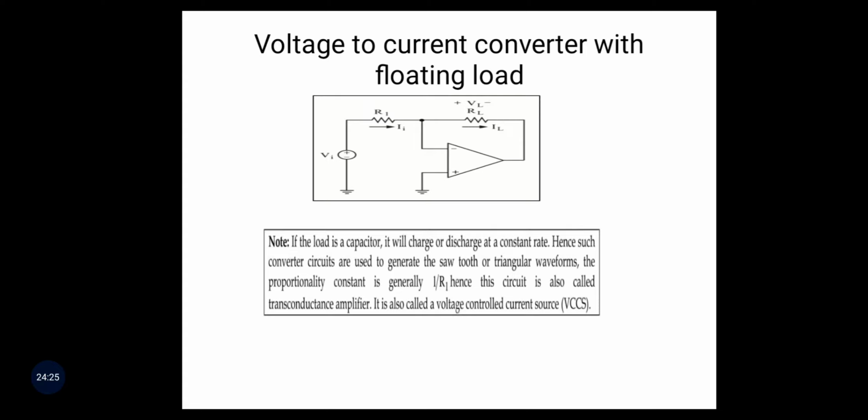The proportionality constant is generally 1 by R1. Hence, this circuit is also called a transconductance amplifier, or a voltage controlled current source.